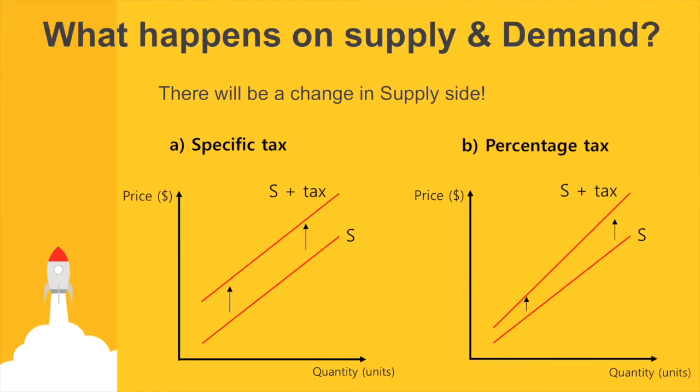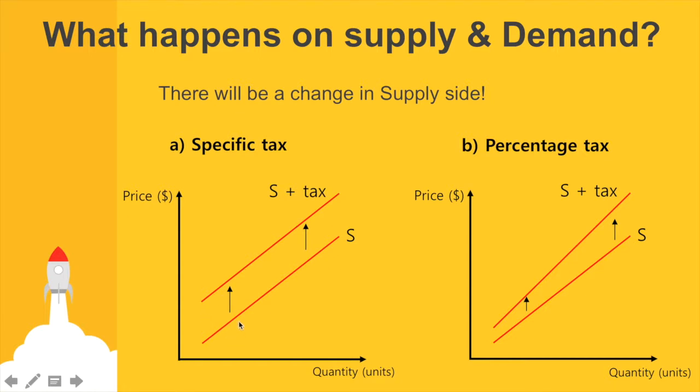Okay, so next, what happens in supply and demand when there's an indirect tax? Here we need to focus on supply curve, not the demand curve. Okay, so for specific tax, as you can see on the diagram, supply curve, here the original supply curve, shifts upwards by the amount of specific tax.